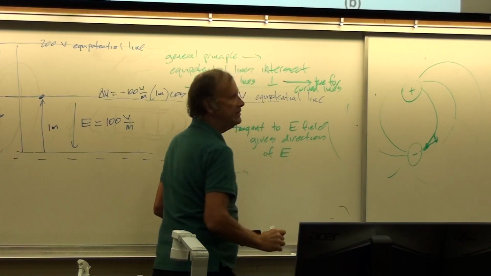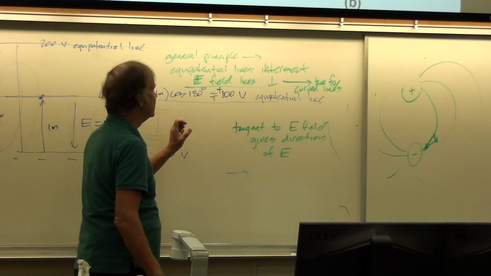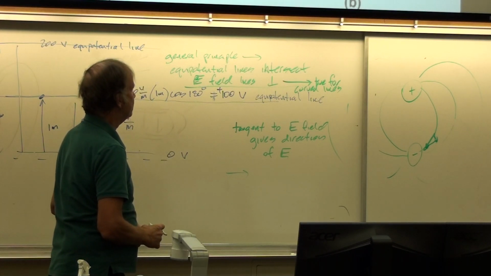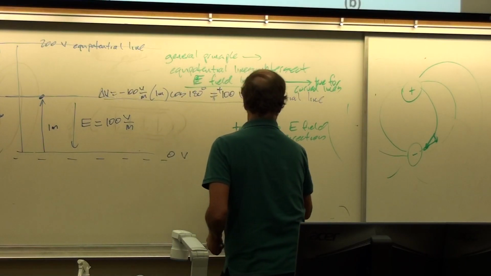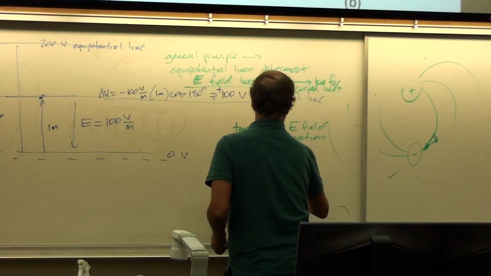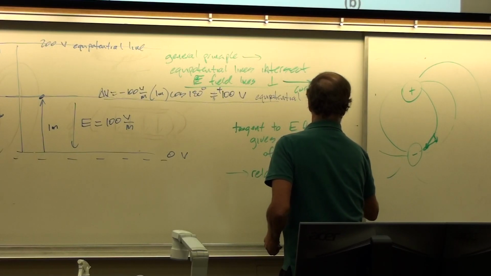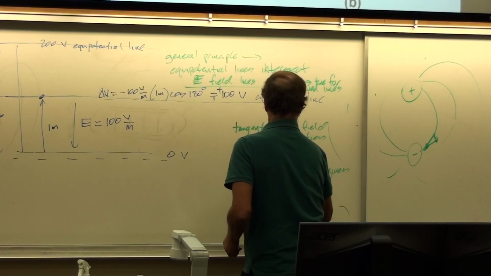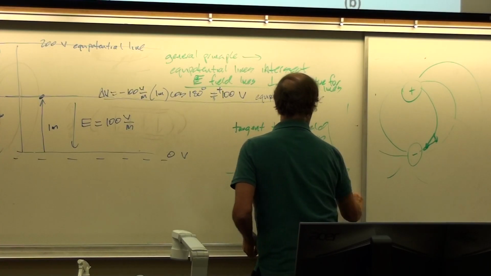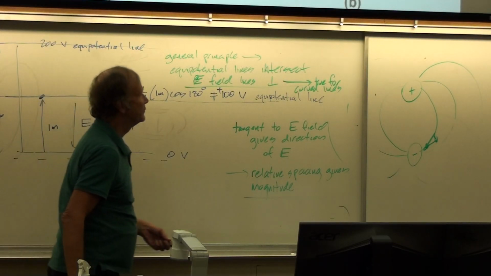And the spacing, the relative spacing of the lines, is what gives us our magnitude. So we get the magnitude of the electric field from the relative spacing.